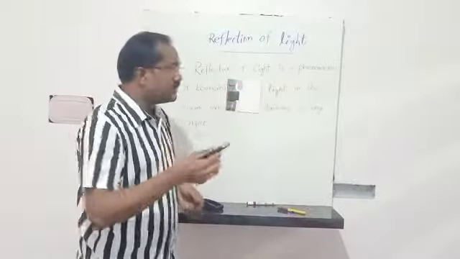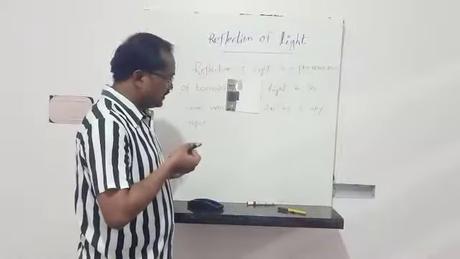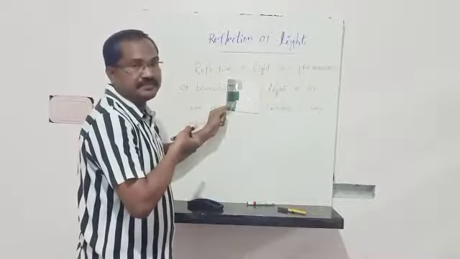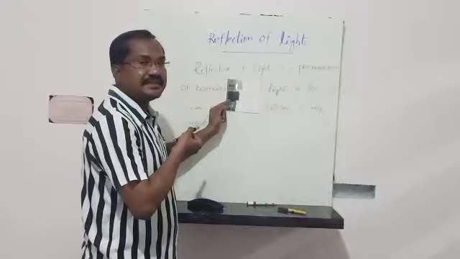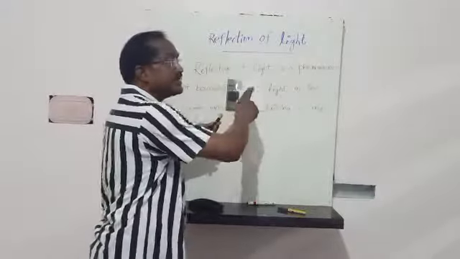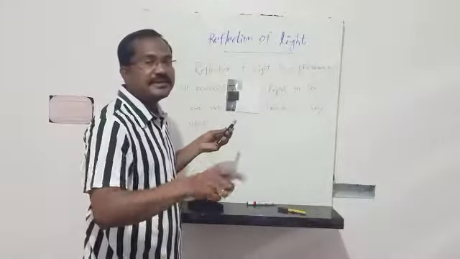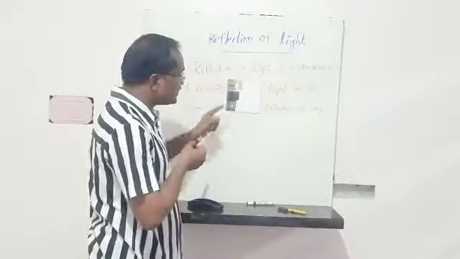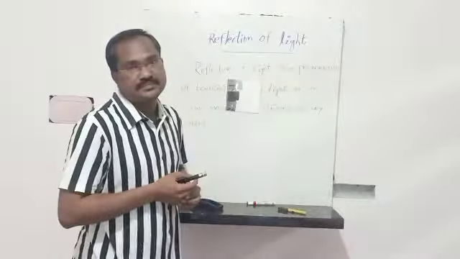Whatever light ray I am sending to the mirror is called the incidence ray. The ray which has reflected is called the reflected ray. This is the incidence ray, that is the reflected ray.